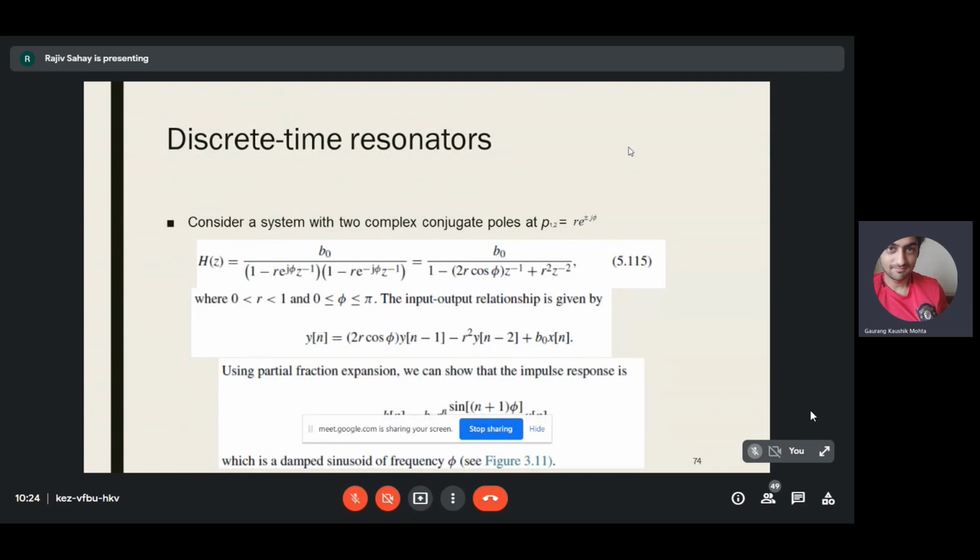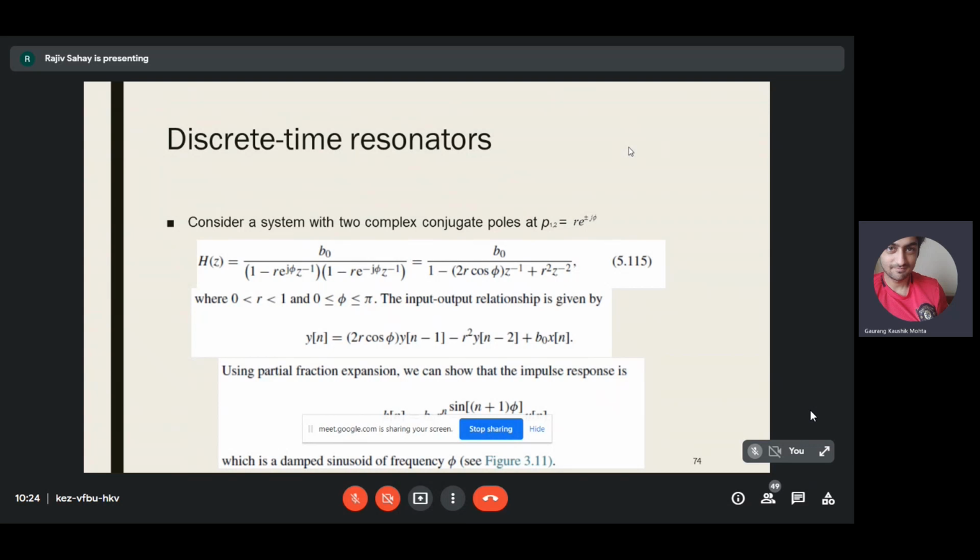And here we will build a digital filter, and we will try to build it with two complex conjugate poles. You want to emphasize the magnitude response at a particular frequency. That means you want the system to resonate to that frequency, so your filter should amplify that particular frequency.